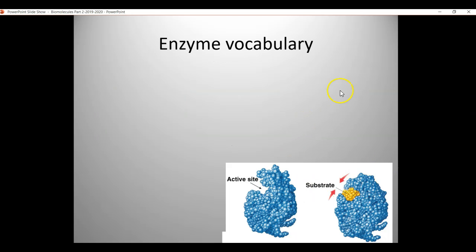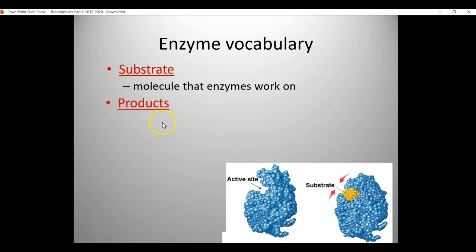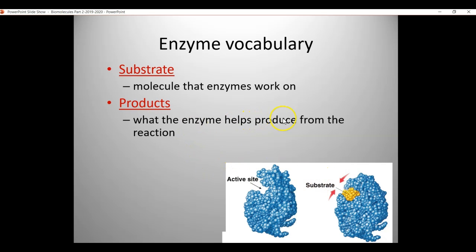All right, enzyme vocabulary. Substrate, as I've been calling it, this yellow substrate, is the molecule that enzymes work on. Products are what the enzyme helps produce from the reaction. So when this comes out and it's broken into two new substances, that is the product.